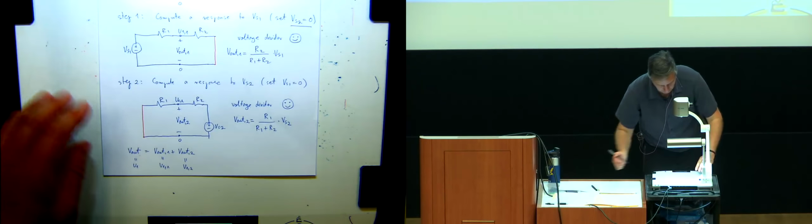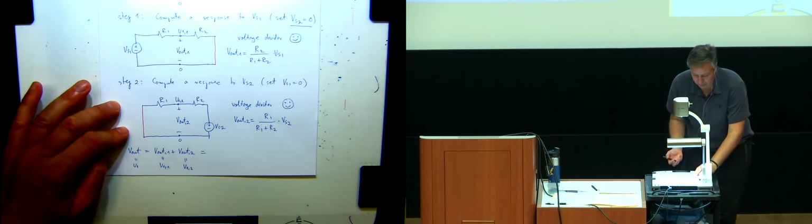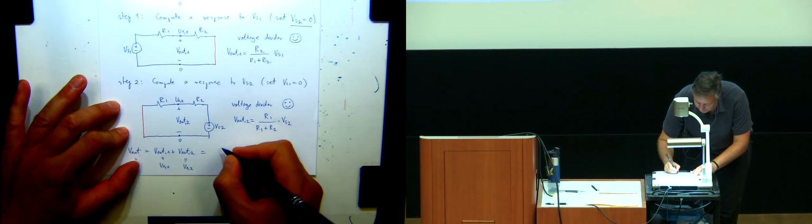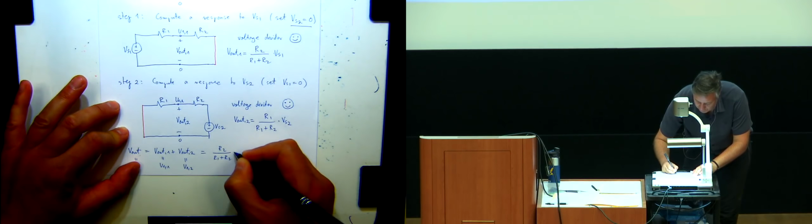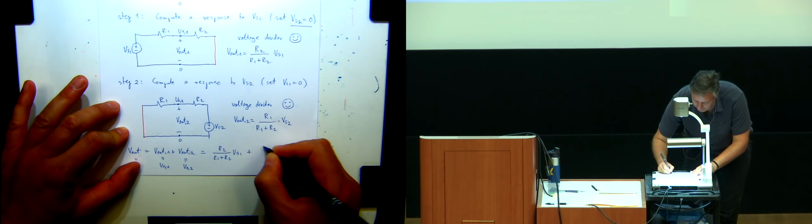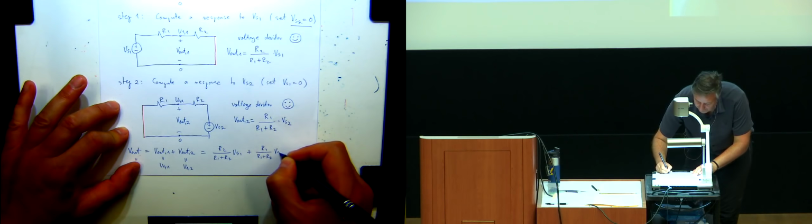Okay. So we can do this, and let's now sum it up. So it's R2 over R1 plus R2 VS1 plus R1 over R1 plus R2 VS2.